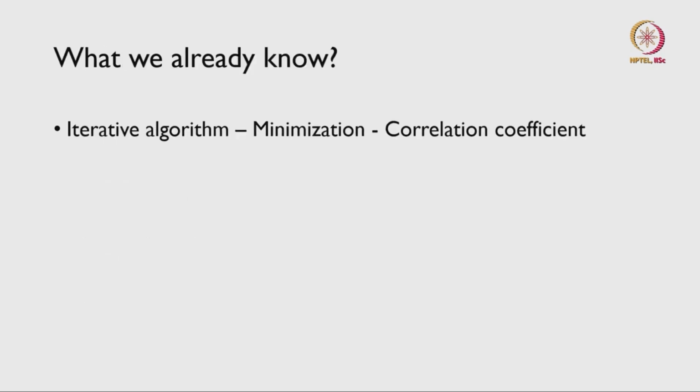As we have already seen in our previous lectures, a typical iterative algorithm for DIC can be developed by just minimizing a correlation coefficient. We used the definition of the correlation coefficient as f minus g whole square divided by f square, where f was our reference image and g was our deformed image. But it is not necessary that we use the same definition of the correlation coefficient.